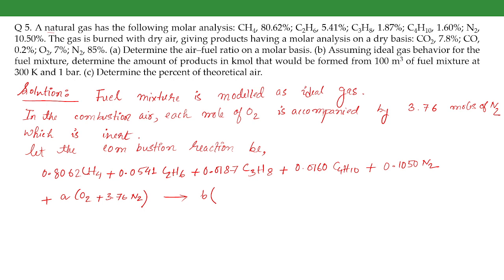If we consider the dry constituents in the product, then per kilomole of the dry products, the carbon dioxide is 7.8%, the carbon monoxide is 0.2%, the oxygen is 7%, and the nitrogen is 85%. In addition to these, there will be moisture which is formed from the reaction.